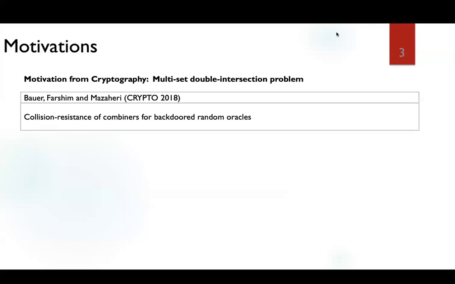There are some motivations for collision problems. The first motivation is from cryptography. Previous work called collision problems the multi-state double intersection problem, and they show that the communication lower bounds for this problem imply the collision resistance of compilers for black-box random oracles.